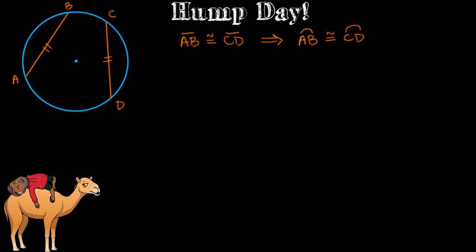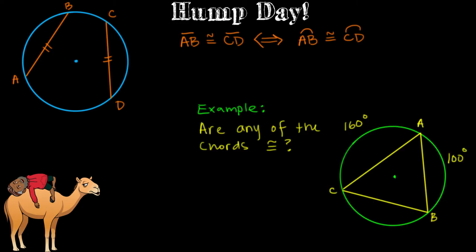What's nice about this is that the converse statement is also true, which means we can throw that arrow sign on the other end of that statement. So if the arcs are congruent, then the chords must be congruent, and if the chords are congruent, then the arcs must be congruent.